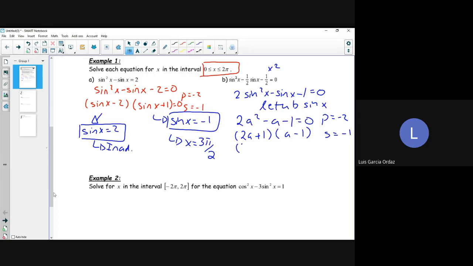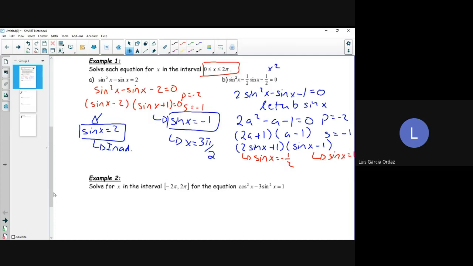So we get (2 sine x plus 1)(sine x minus 1). Which means our first solution is sine x equals -1/2, and our second solution is sine x equals 1.